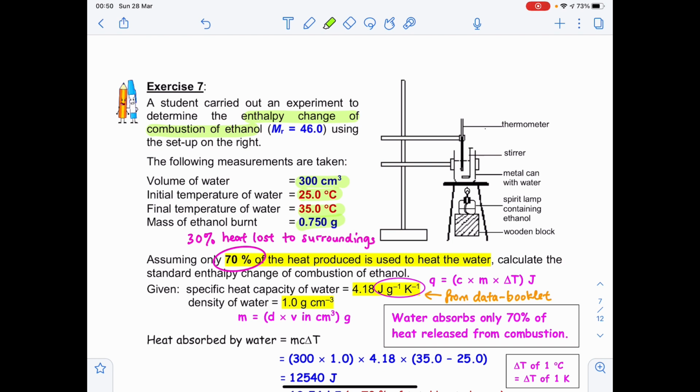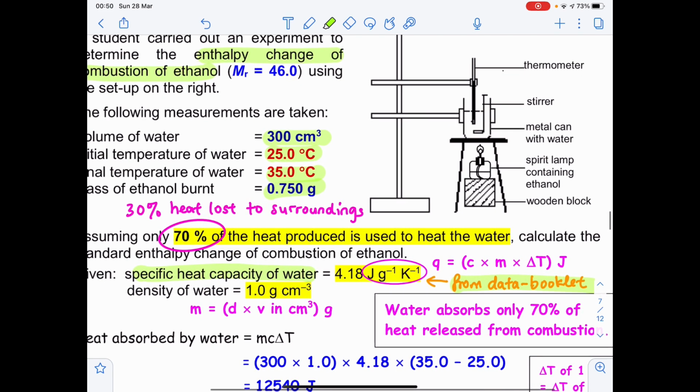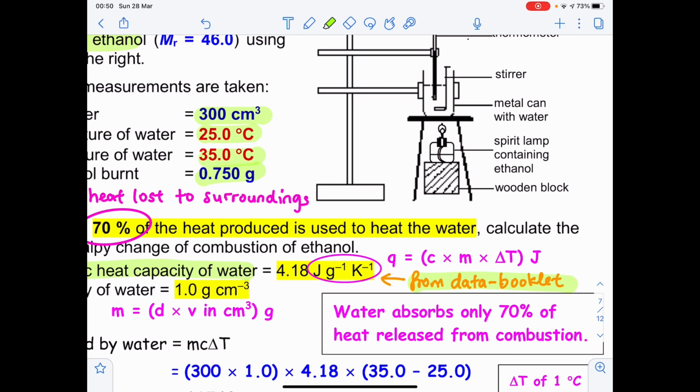Note that we'll need the specific heat capacity of water because it is the water that absorbs the heat from the combustion process. This value can be obtained from the data booklet. It's given to you as 4.18 joules per gram per Kelvin. So to calculate Q, you must use the given c times m times ΔT.